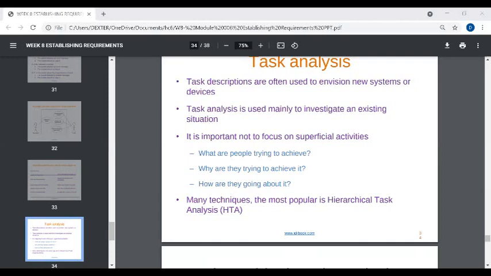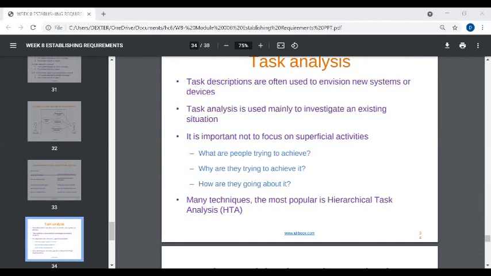What are they trying to achieve? And how are they going about it? So the information gleaned from a task analysis establishes a foundation of existing practices on which to build new requirements or design a new task.